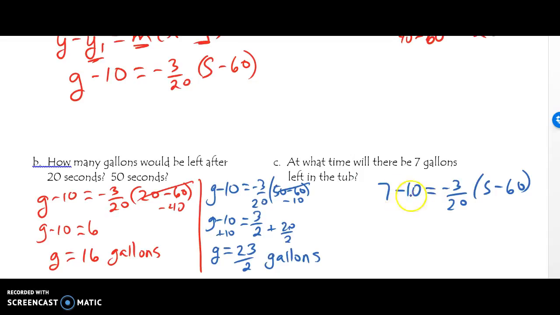So now I do this math, and that will give me negative 3. I can distribute here, so that'll give me negative 3 over 20 S plus negative times a negative. 20 will go into 60 3 times, and that will give me a 9. So now I'm going to subtract 9.